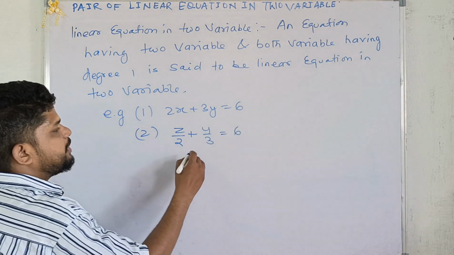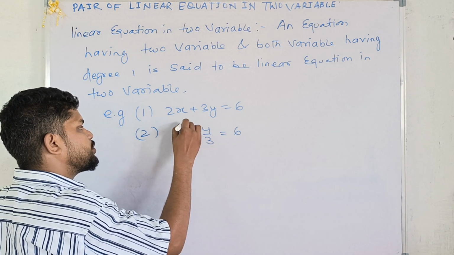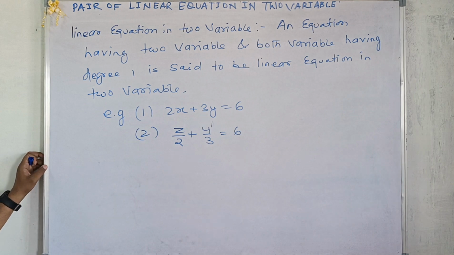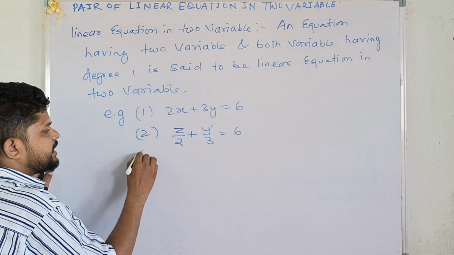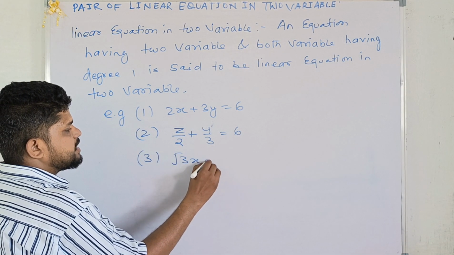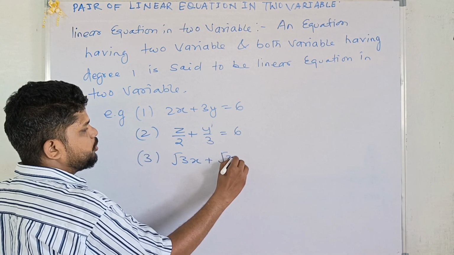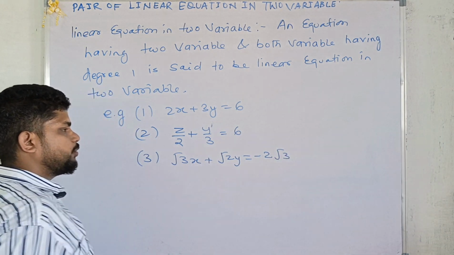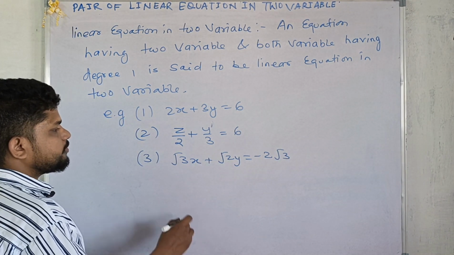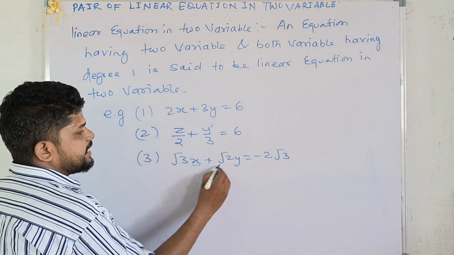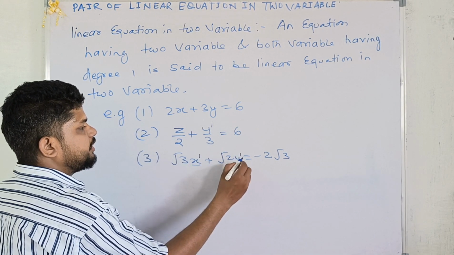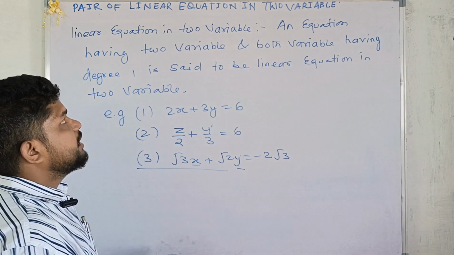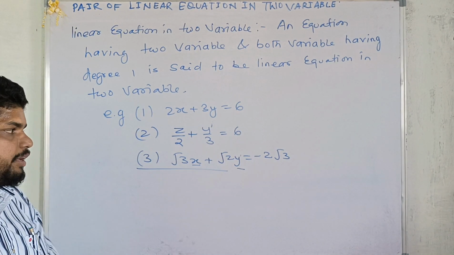Okay, here the variables are z and y, and their power is also 1, so this is again an example of a linear equation in two variables. Suppose I write root 3x plus root 2y is equal to minus 2 root 3. Here also the two variables are x and y, and their power is 1, so this is also an example of a linear equation in two variables.